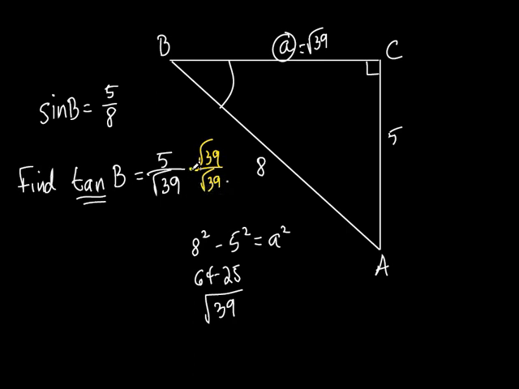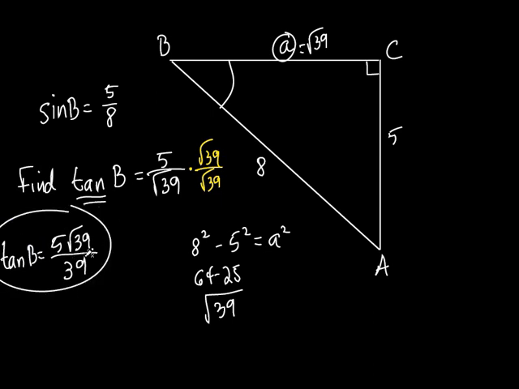The reason we're allowed to do this is because we're just multiplying by a 1, and that doesn't change the value of it, does it? All right, so I'm allowed to do that. And then what's our answer going to be? It's just going to be 5 times the square root of 39 over what? 39. So that's what the tangent of B is equal to. Once you get used to it, it's really not that bad.